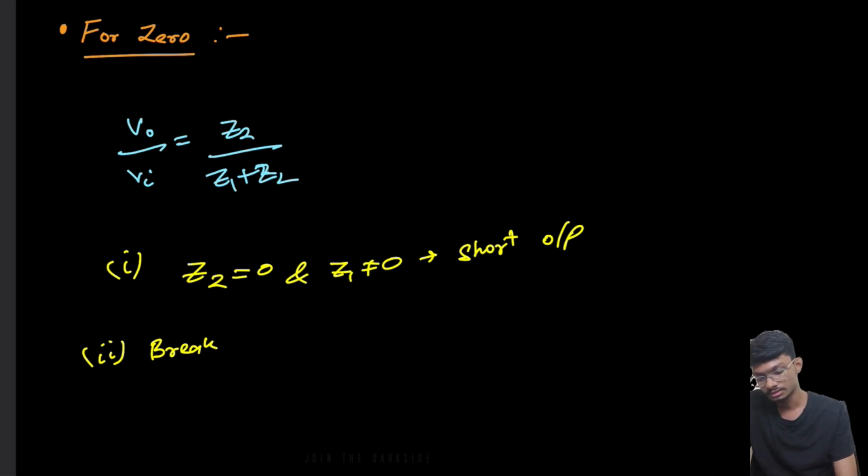Again the same thing: if you write infinity over infinity, we can't say what the value will be. So we're getting an undetermined format. And if both Z2 and Z1 are 0, then there will be pole-zero cancellation and there won't be any pole or zero at that location of the frequency, right? So for this condition, break the link.